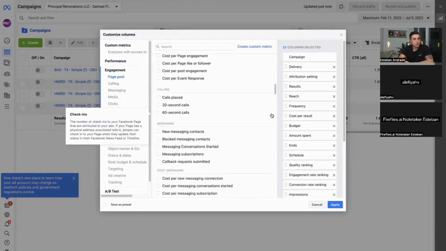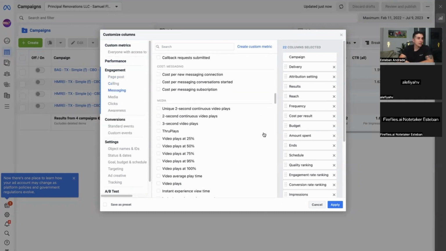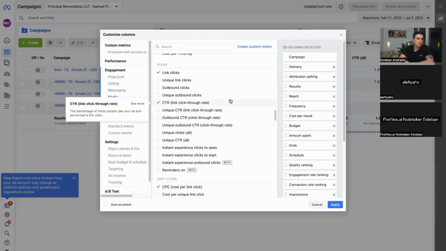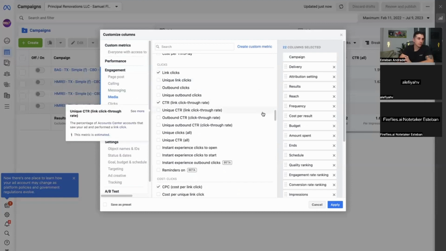If you're running video, maybe you also want to look at how much of the video has been played, so video plays at, let's say, 75%, 50%, 25%. If you want more specifics on unique link clicks, the number of accounts that performed a link click, you can add that. But for now, let's go to performance and clicks.